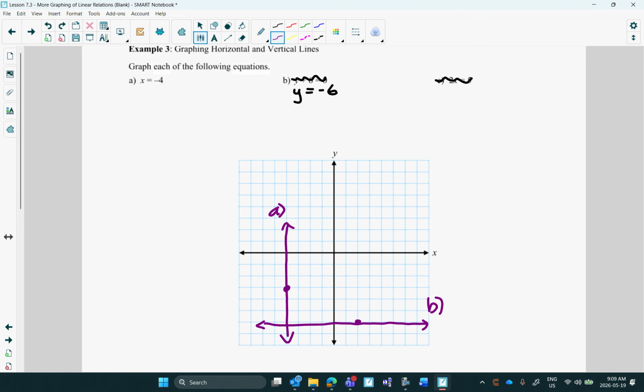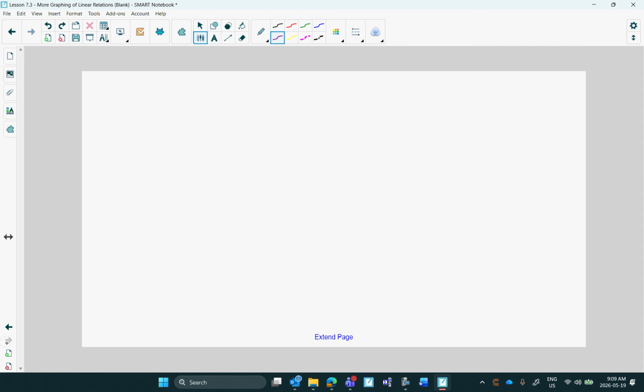Okay, you don't have to do anything anymore. I'm going to give you an equation. You're going to tell me if it's going to be slanted, vertical, or horizontal. Vertical. Vertical. No, slanted, because it's got an x and y in it.